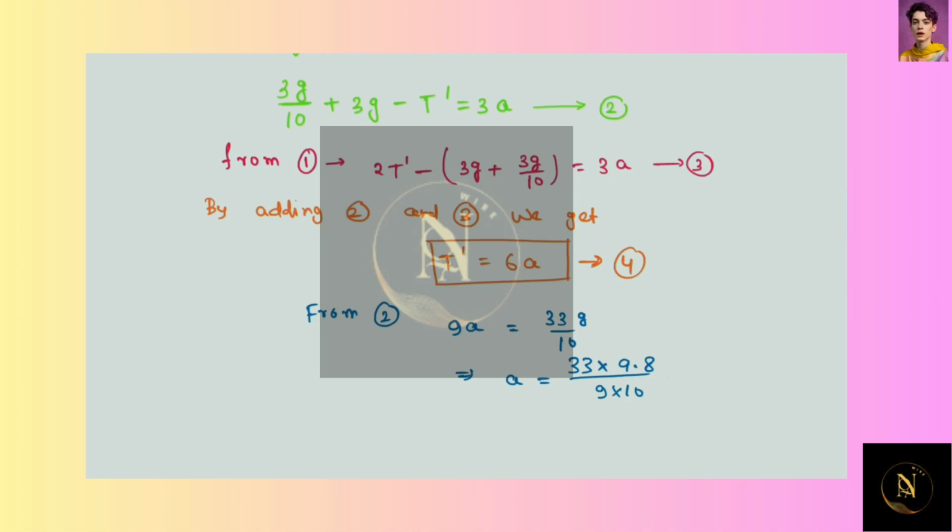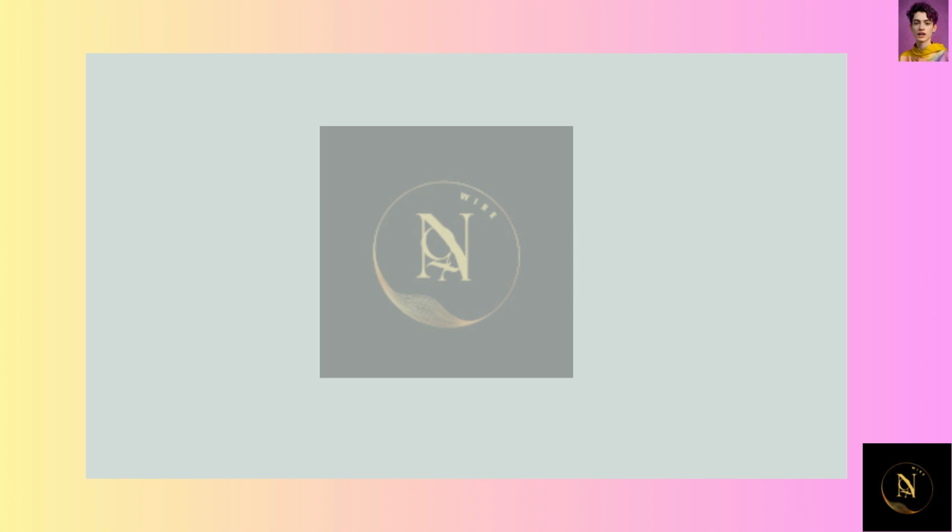So on simplifying this we will get a equals 3.59 meter per second square. Then from equation 4, I can write that the tension force on the inextensible string is 6 times a. We got 3.59, so on simplifying this we will get T prime equals 21.55 Newton.